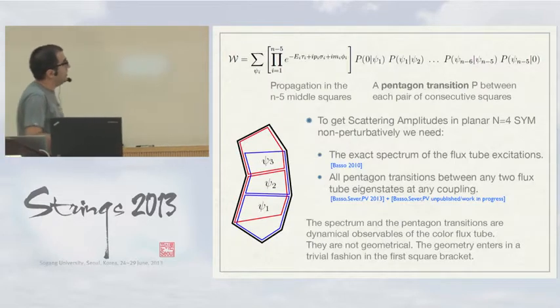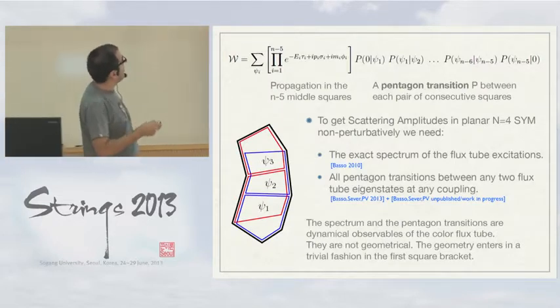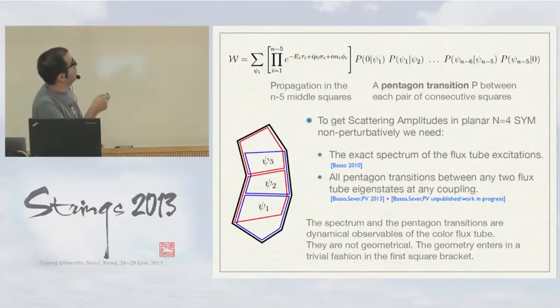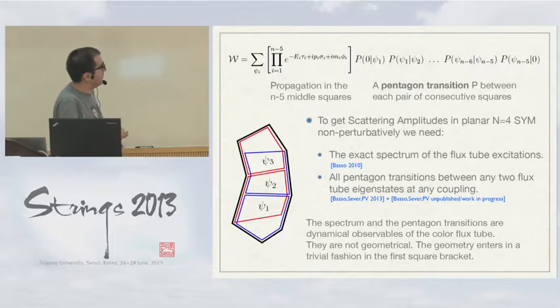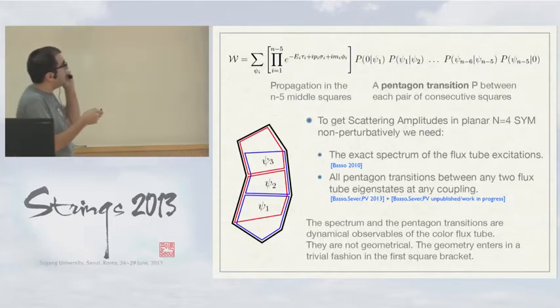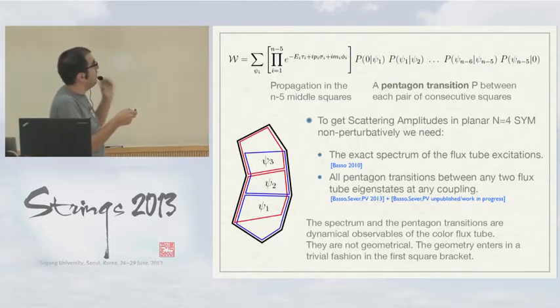Okay, so again, I'm just giving the overview, then we will go into more detail, but the basic picture is the following. We can write the expectation value of the Wilson loop as a sum over the eigenstates of the Hamiltonian, the flux-tube Hamiltonian, that flow in the first square, the second square, and the third middle square in this case. And we have some transition, some pentagon, that is a transition between the vacuum and the first middle square.